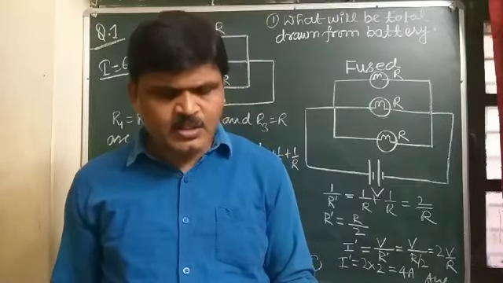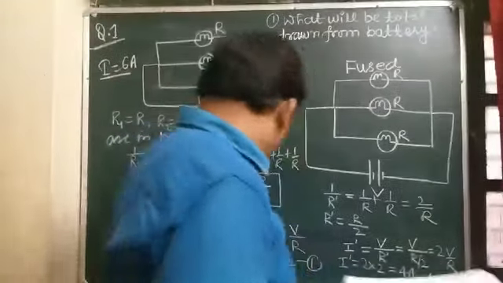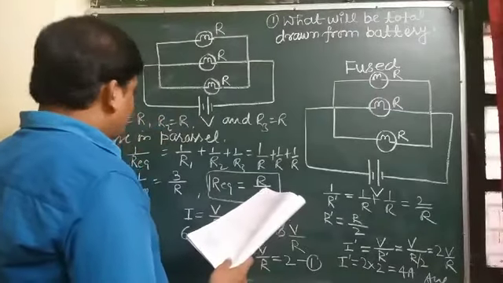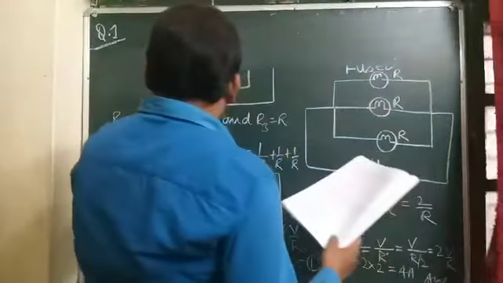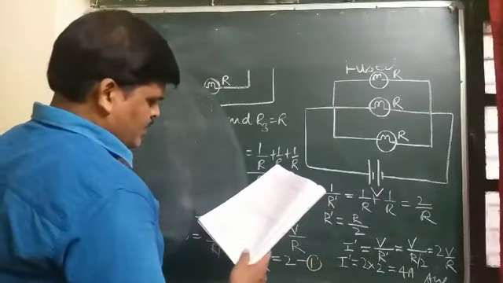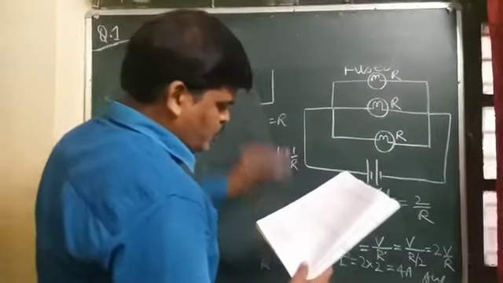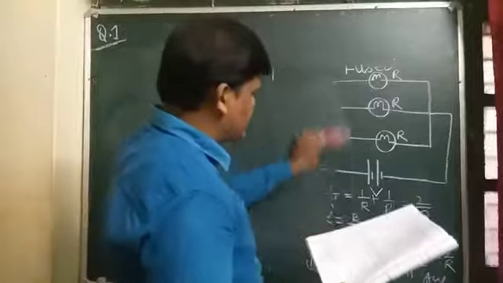What is the resistance of the combination? So student, a uniform wire whose resistance is capital R is cut into 3 equal pieces.